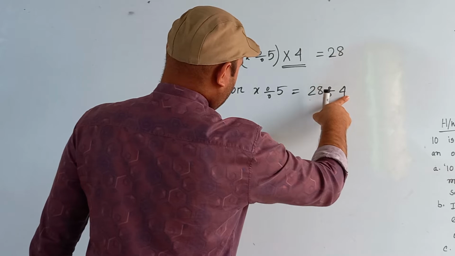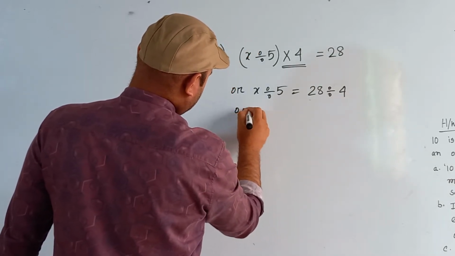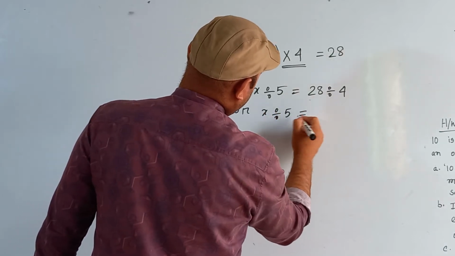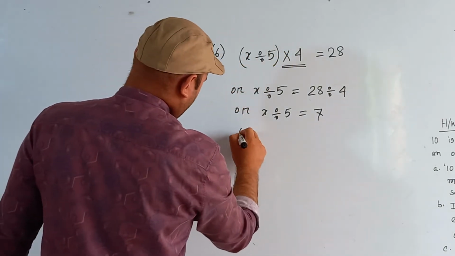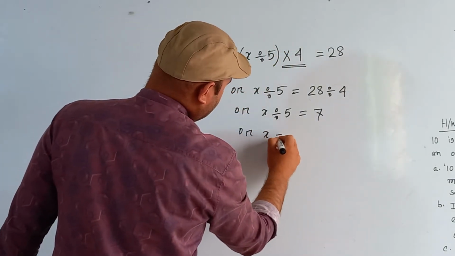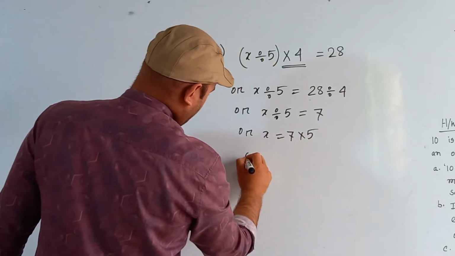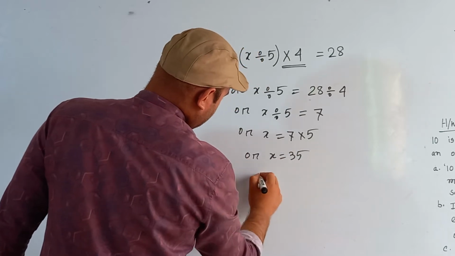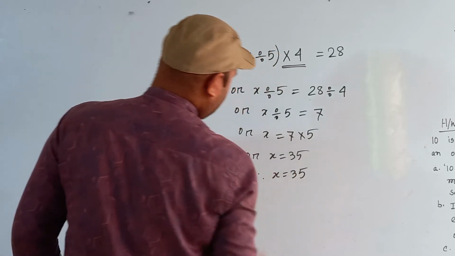Then what will be here? x divided by 5 is equal to 7, or x equal to 7 multiplied by 5, or x equal to 35. Therefore, the value of x is equal to 35.